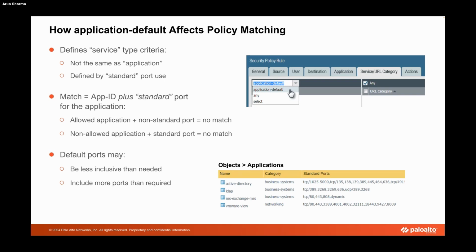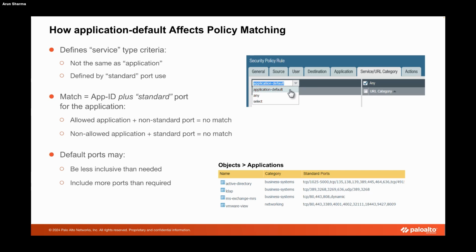The port is used as one of the criteria in the signature mapping. If your server uses only a subset of the standard ports, for example, if your SMTP server uses only port 587 and the SMTP application has standard ports defined as 25 and 587, 25 being the standard SMTP port, you can create a new custom service.